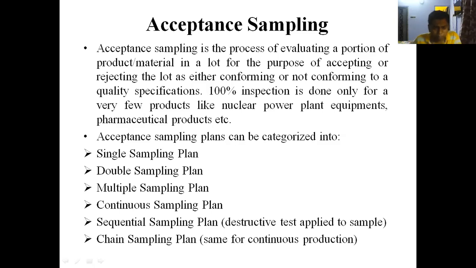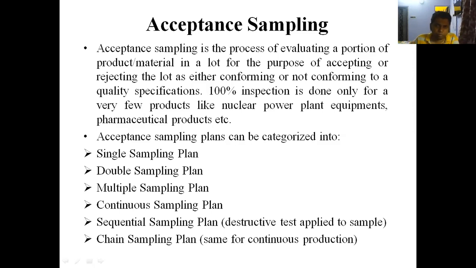Typically in this case there is an acceptance number or cutoff value. If the number of defectives you get is within the value, then you accept the lot. But if it is beyond that value, then you reject the lot. This is the common process.